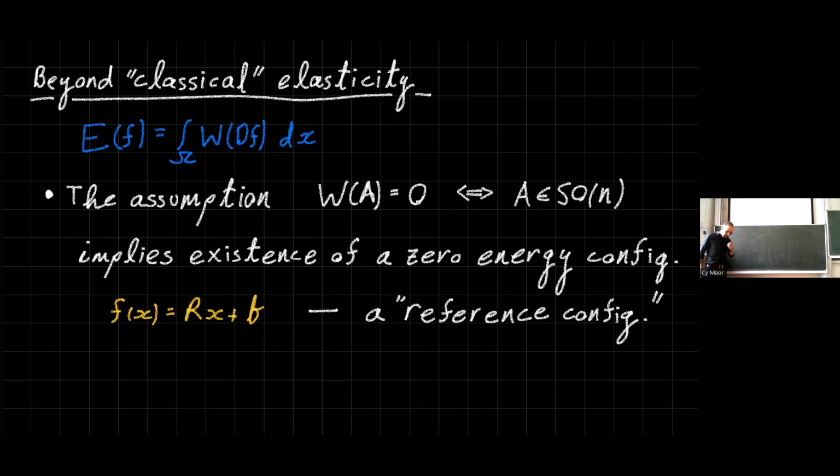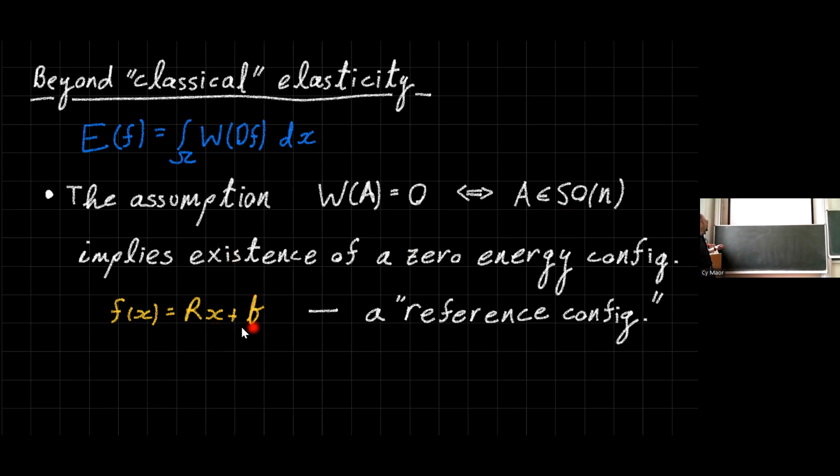But this is a very general model, and you can do a lot of things with it, but it has a hidden assumption. The assumption that at each point the zero energy mode is exactly the set of rotations means that you have a global minimizer of zero energy of the functional, no matter what W you choose, as long as it satisfies this condition.